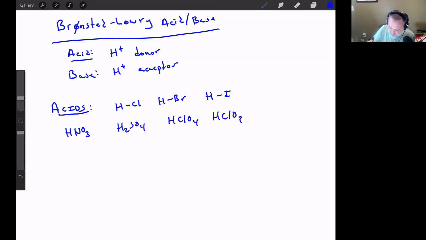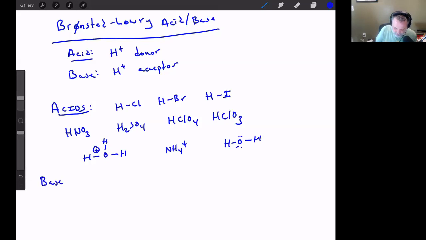There's the 7 strong acids, but any of the weak acids are also considered Bronsted-Lowry acids. Some of these protonated species that you're familiar with, certainly NH4+ is a Bronsted-Lowry acid, and even water can be considered a Bronsted-Lowry acid because it can form hydroxide ion when it donates a proton.